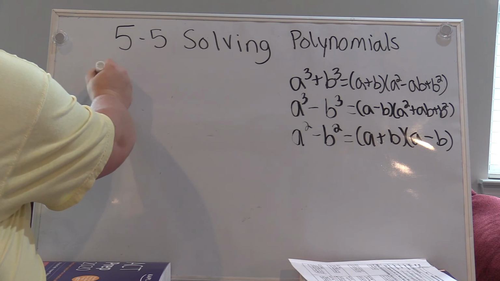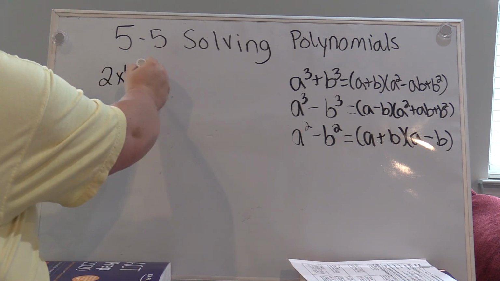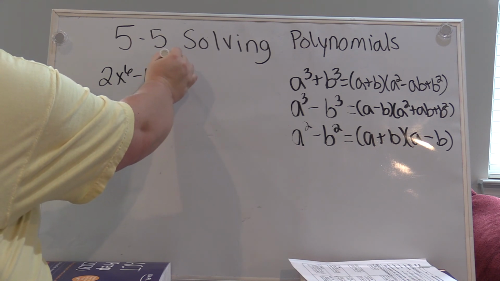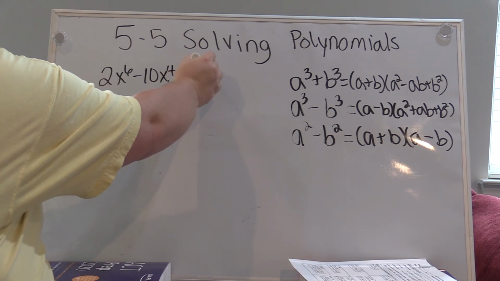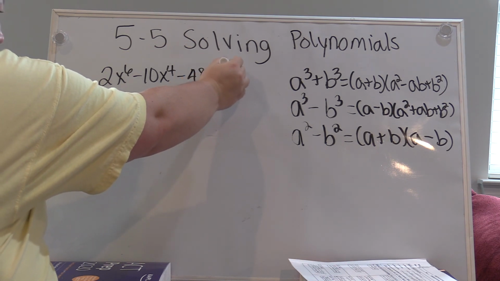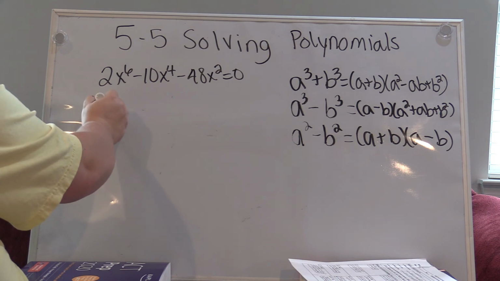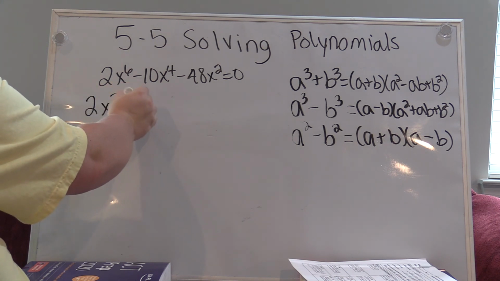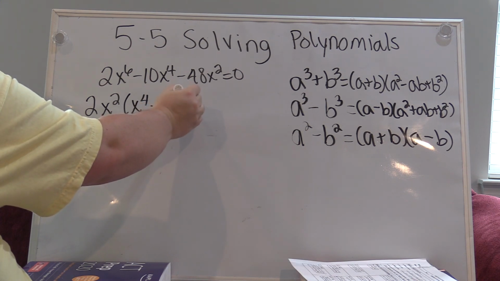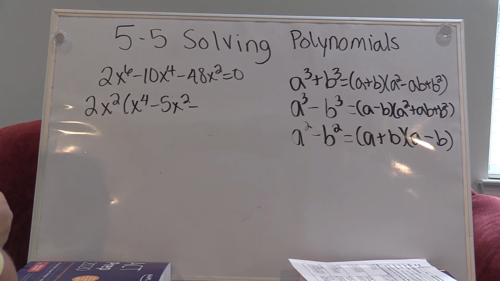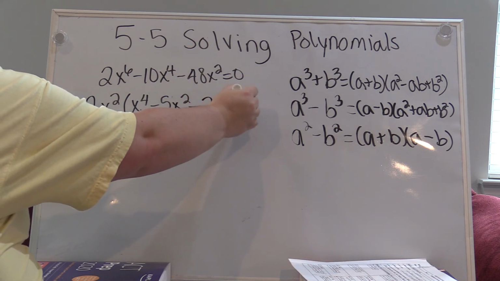Two x to the 6th minus 10x to the 4th minus 48x squared equals 0. So I have 2x squared, x to the 4th minus 5x squared minus 24 equals 0.